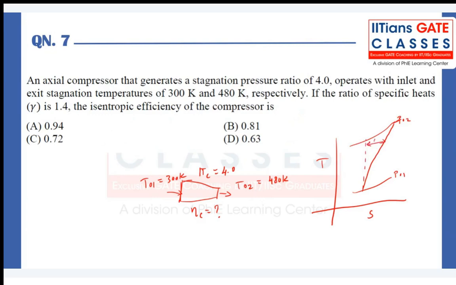So there is a rise in entropy of the system, delta S is greater than 0. That is how the process has to take place. Now, this is my actual temperature at the inlet T01. This is my actual temperature at the exit, giving me P02 at the exit of the compressor.